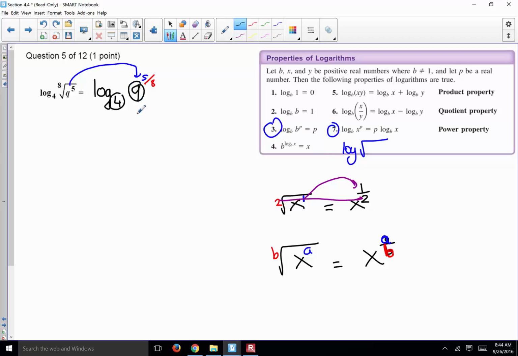Are they matching? No, this is off the list. Then you're stuck with this one. If they are not matching, we can still take care of this power by moving it in front by rule number 7, which gives 5/8 log base 4 of q, and that's it. This is all you can do.